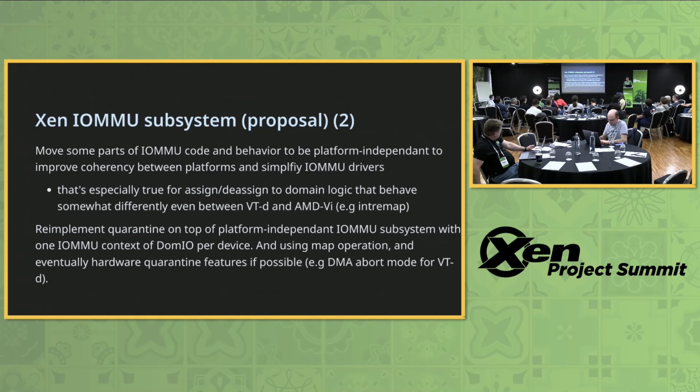That's especially true for assign and deassign logic, which is quite tricky in some cases. There are some side cases, like AMD-Vi has some stuff for interrupt mapping, and VTD does things a bit differently. And also we're implementing quarantine on top of a platform independent subsystem, because the idea of quarantine is the same between platforms, but the implementation is platform specific for maybe no actual reason.